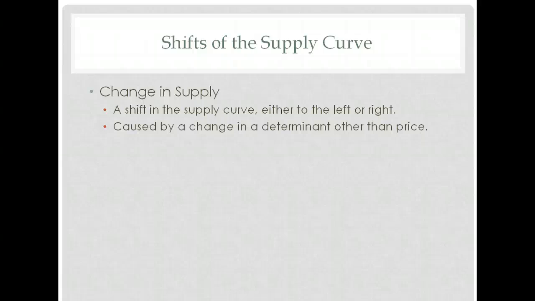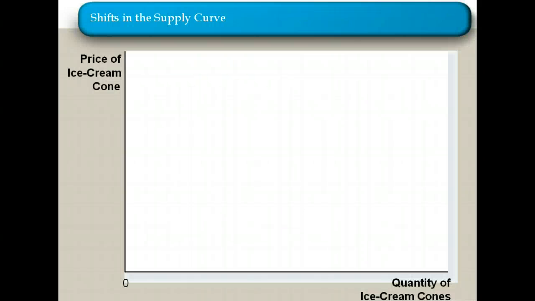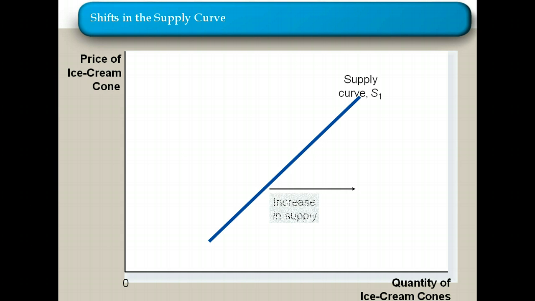But again, let's take a look at what this is going to look like. So here we go again. Here's our graph, price on the y-axis, quantity on the x-axis. And what do we notice? Here's our supply curve. Our very first one, we're going to label S1. What do we notice happens? The supply curve, when it's increasing, will shift to the right, and we'll label the new curve S2.